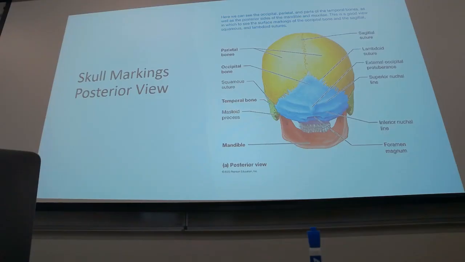It's called squamous because the part of the temporal that protrudes like this, like a little convexity, is called squama, like a scale.